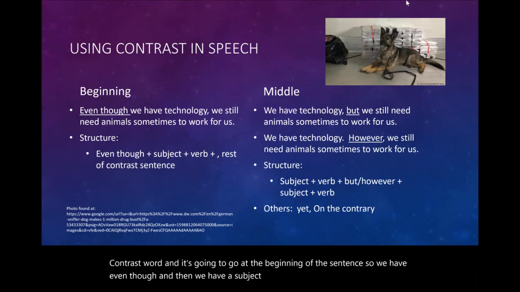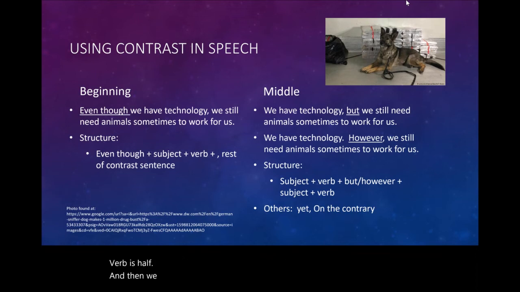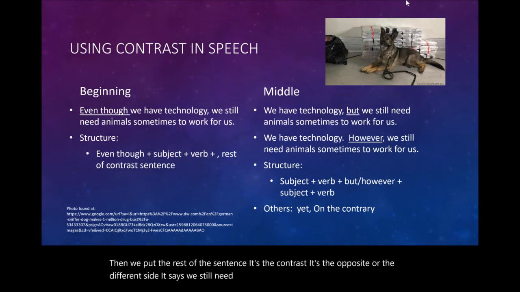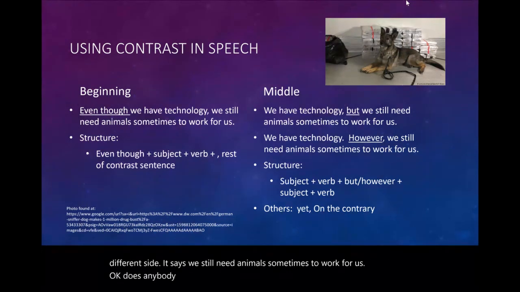Subject would be we, verb is have, and then we put a comma. Do you guys see that comma after technology? Yeah. Okay, then we put the rest of the sentence. It's the contrast, the opposite or the different side. It says, we still need animals sometimes to work for us. Okay, does anybody have questions about that one? The one with even though?